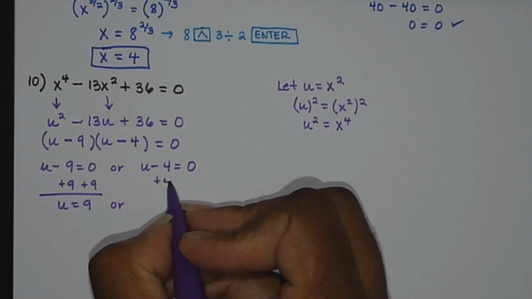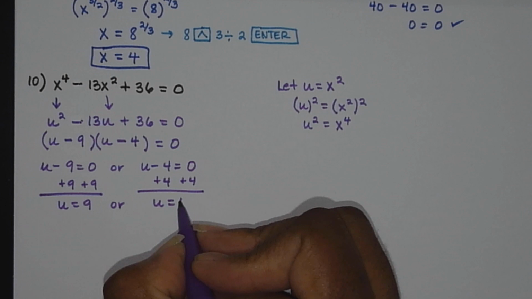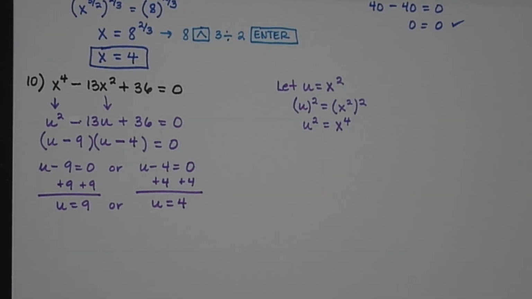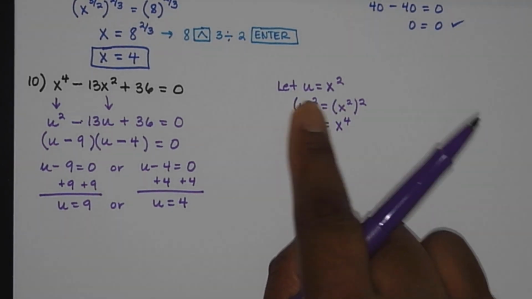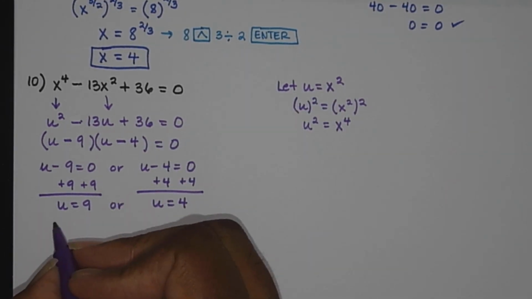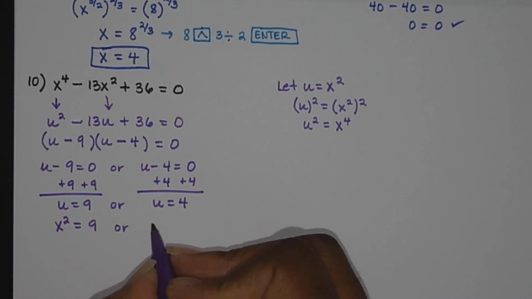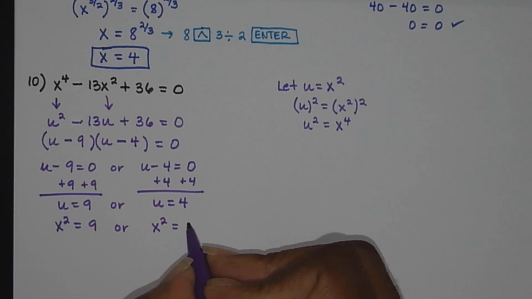And then for the u minus 4 is equal to 0, that means u is equal to 4. Now you cannot end this problem in terms of u. It has to be in terms of x, since the original equation was in terms of x. So now this is where the back substitution comes in. Here we let u equal x squared, so that u will be replaced with x squared. So here we got x squared is equal to 9, and then x squared is equal to 4.